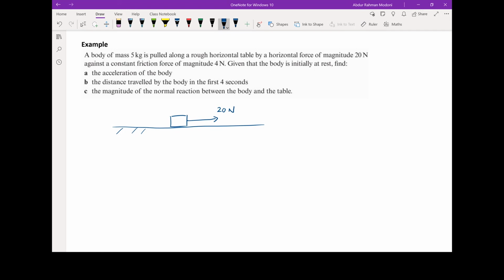And there is a constant friction force of 4 newtons. Friction always resists the motion, so it's acting in the opposite direction here, 4 newtons. It says the body is initially at rest, which means it starts off with initial velocity 0. So here's our force diagram. Now we need to consider the forces in the vertical direction.